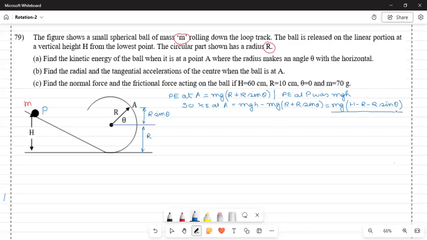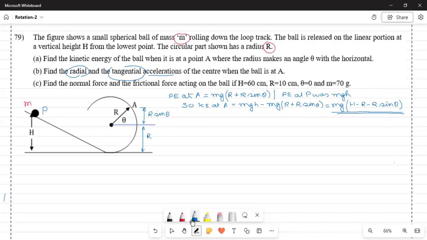So this is your answer to part A. Second part is, find the radial and tangential acceleration of the center of mass of the body when it is at A. That means we have to find the radial acceleration, which is equal to v square by r, and the tangential acceleration a, right?